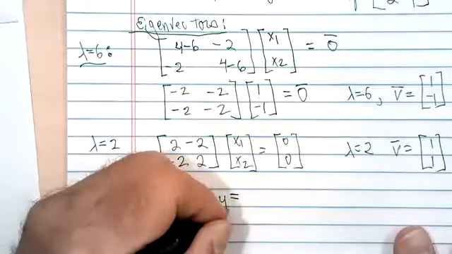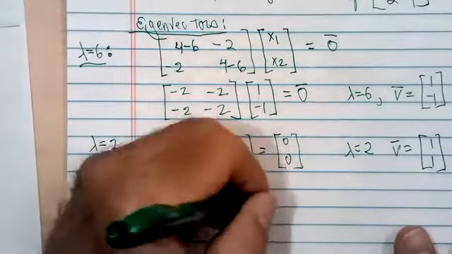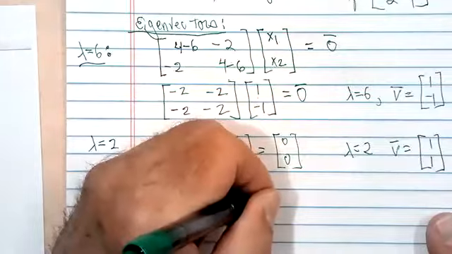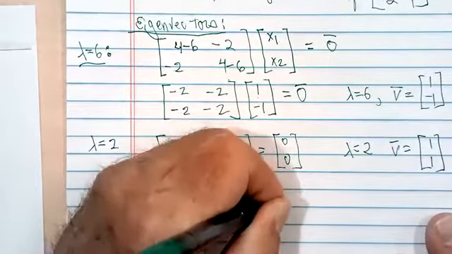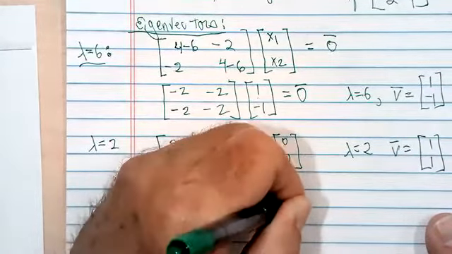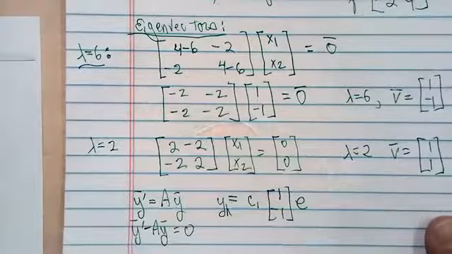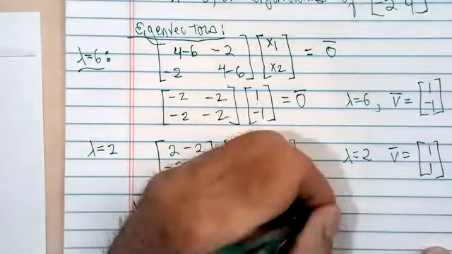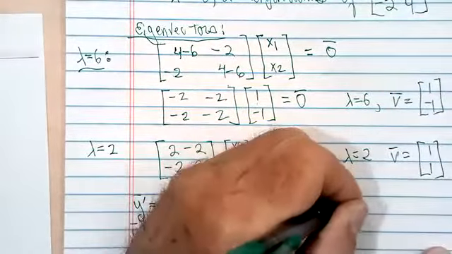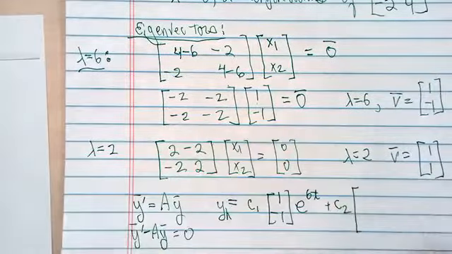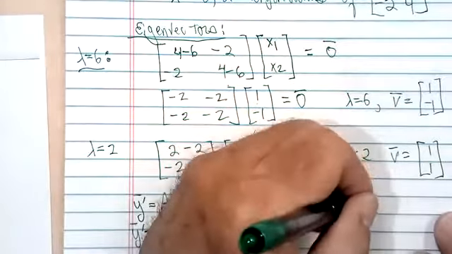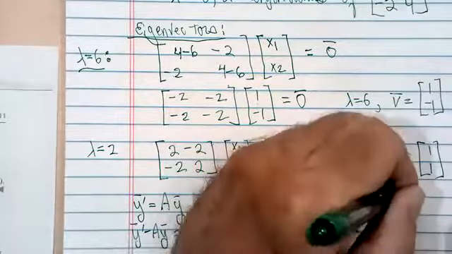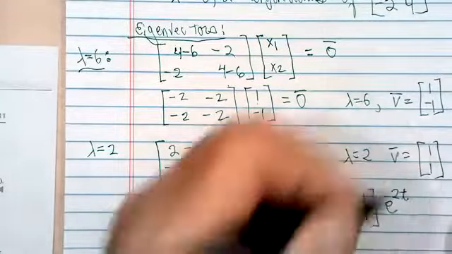And the general solution is C1 times V1, 1, minus 1, e to the lambda 1 t, plus C2 V2 times e to the lambda 2 t.